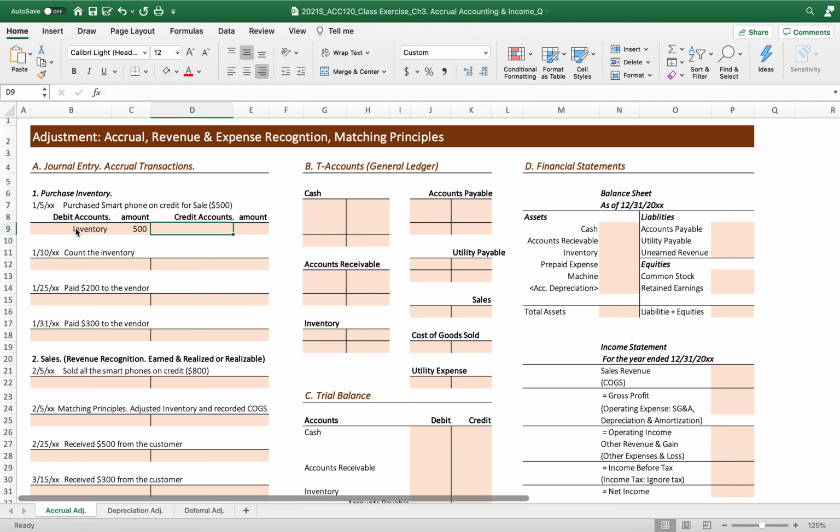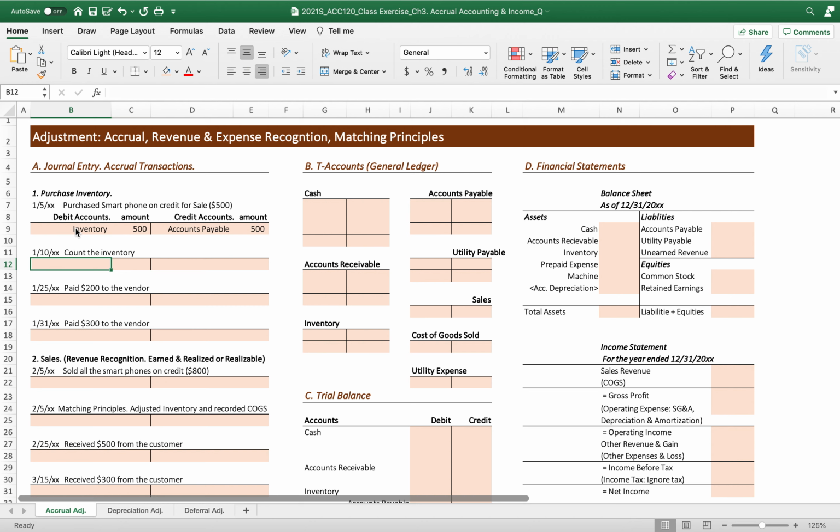But the company doesn't pay the cost yet, but has a liability to pay the inventory cost in the future. So accounts payable is 500. This is the obligation to pay the cost of this inventory.